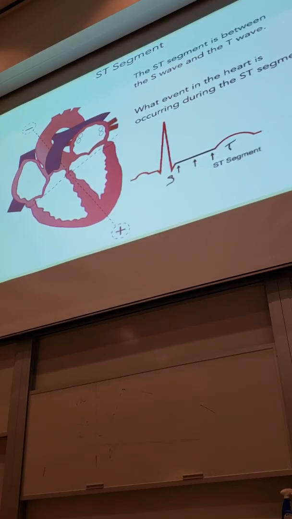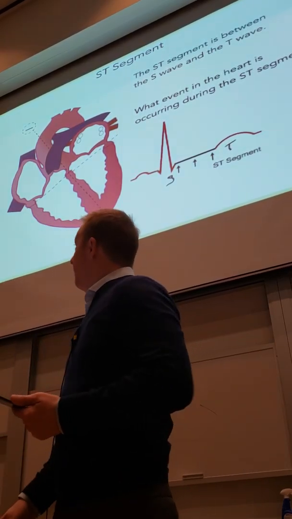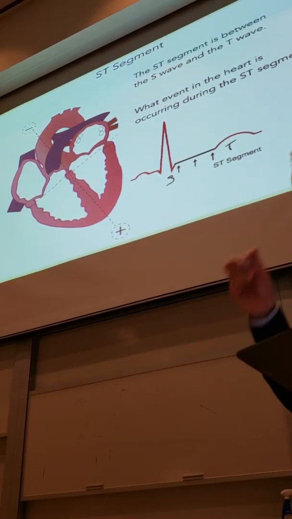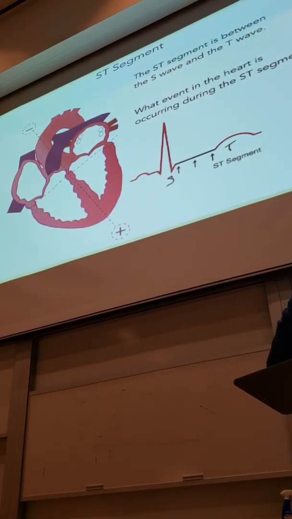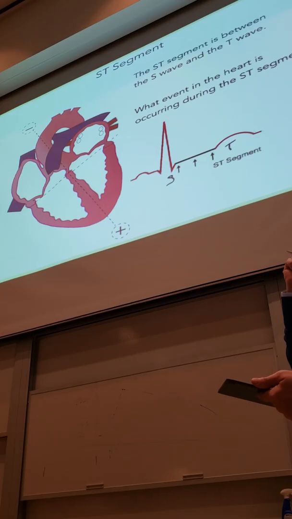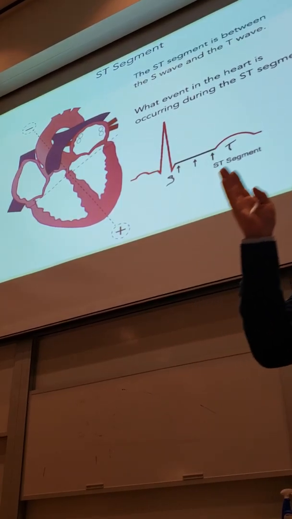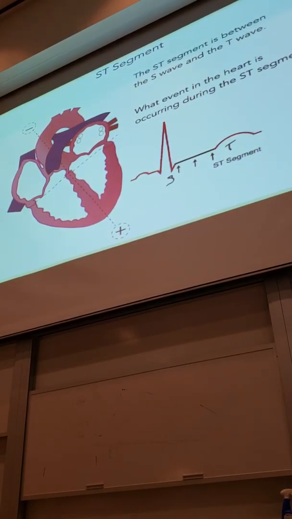What's happening to the heart during this phase? Yeah, atrial repolarization, not quite. And I'll talk about that in a moment. It's not atrial repolarization. So what happens to your cardiocytes between ventricular depolarization and their repolarization?